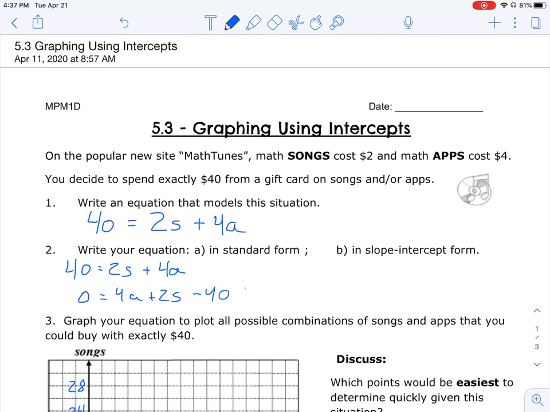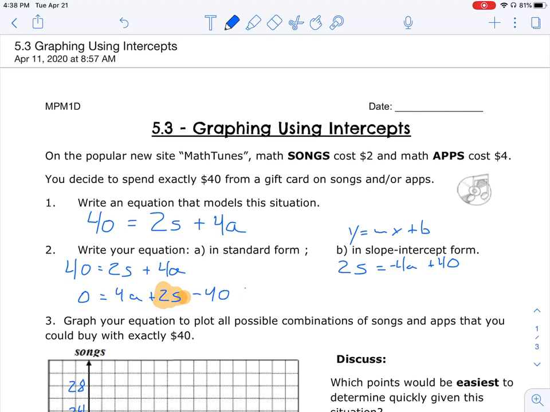Now, when I'm looking at how to translate this into slope-intercept form, I need to identify the y value in this equation, which in this case is the 2s. So if I rearrange this equation in the form of y equals mx plus b, I would have 2s is equal to negative 4a plus 40.